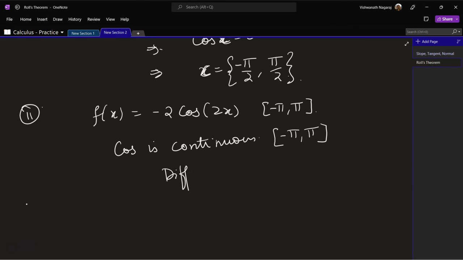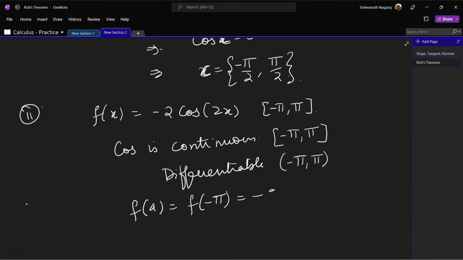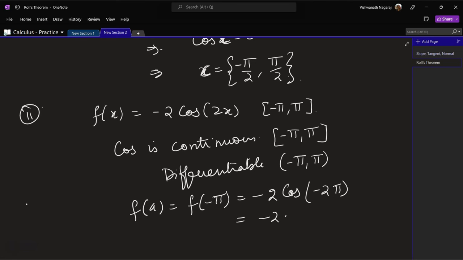It is differentiable in the open interval minus pi to pi. f of a is equal to f of minus pi, which is minus 2 cos minus 2 pi. Minus 2 pi basically means the complete circle, right? Which is 1, which is minus 2.